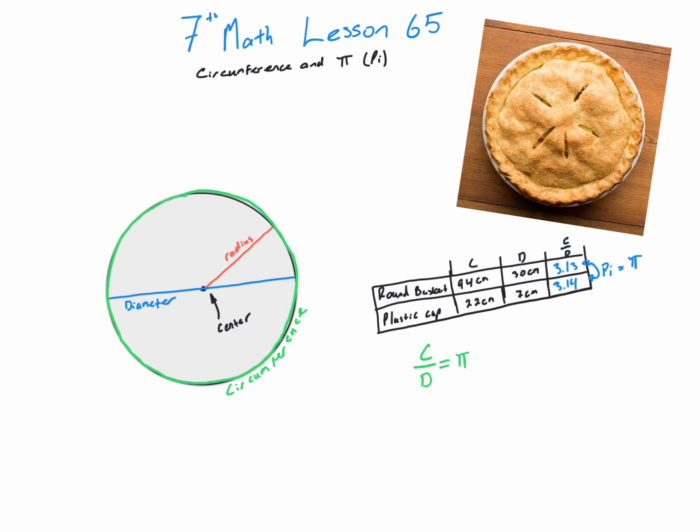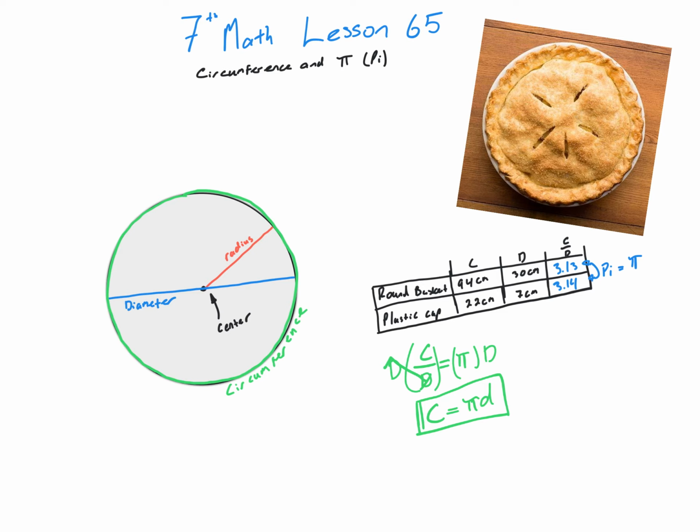Well, since pi is a constant, a number that doesn't change, if we want to find the circumference of something and we know the diameter, if I took this and multiplied this by d, diameter divided by diameter is just 1, so I end up with circumference is equal to pi times d, and normally use the lowercase d for diameter. So this is an equation that we can use to calculate the circumference of a circle.